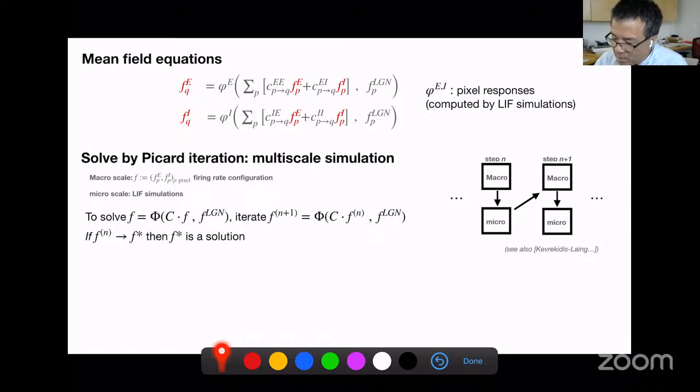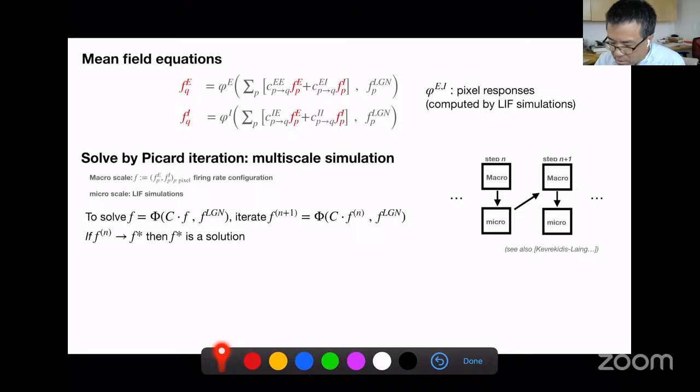To carry out one step of this, you give me a set of mean firing rates, I instantiate these integrate-and-fire neurons and simulate them to estimate what the firing rate should be updated to, and then I just repeat. This is a multi-scale structure that's very standard in multi-scale simulation and modeling, sometimes also called equation-free modeling in the literature. But it's really just going between the two scales iteratively.